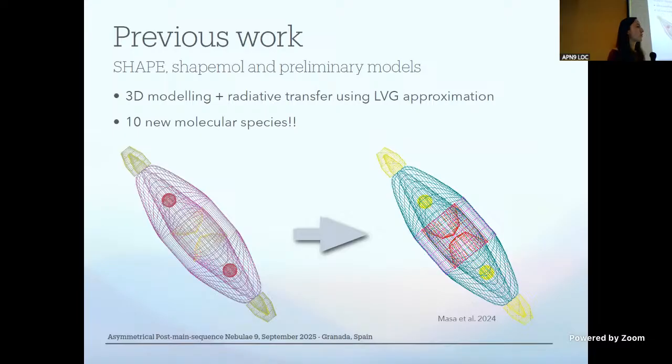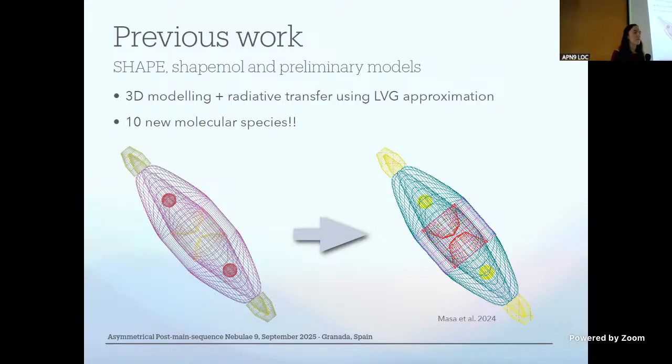We made our model using SHAPE, which was already introduced by Miguel earlier this morning. SHAPE is a 3D modeling tool that, together with SHAPEMOL, performs the radiative transfer of molecular lines.